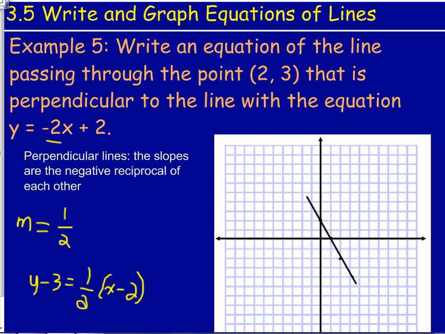All right, and then I'm going to do my other line, this one, which we know is going to go between 2, 3. And from there, I'm going to say, okay, I'm going to go down 1 over 2.